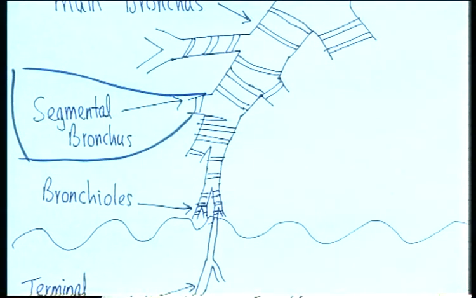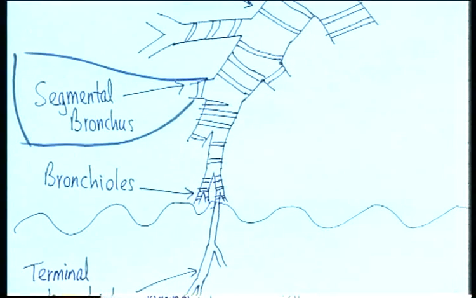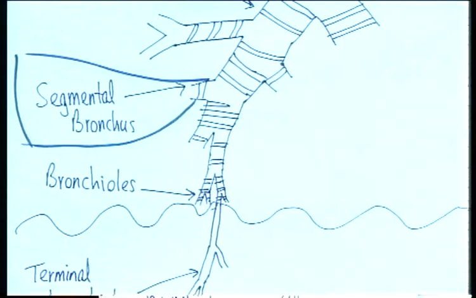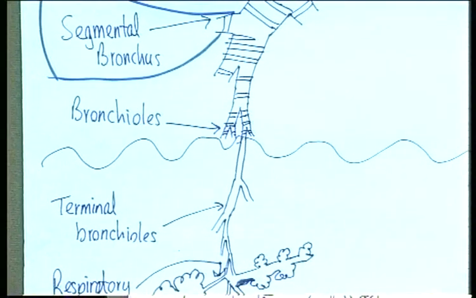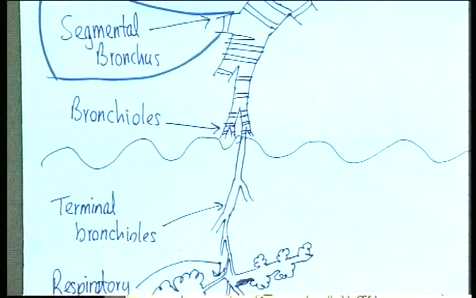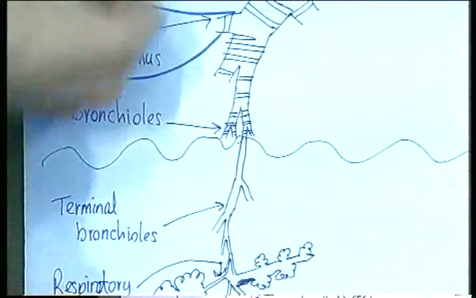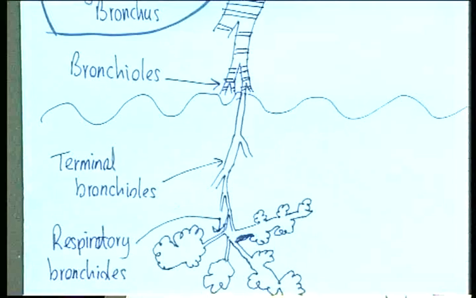So a segmental bronchus. And then going down further still, we come to the bronchioles or the small airways. So a bronchus is a large airway, a bronchiole is a small airway. And round about here, I've drawn a line across because this is really where we go from the macroscopic level, where you can actually see this, and below here it's difficult to see because we're getting to a much smaller scale.